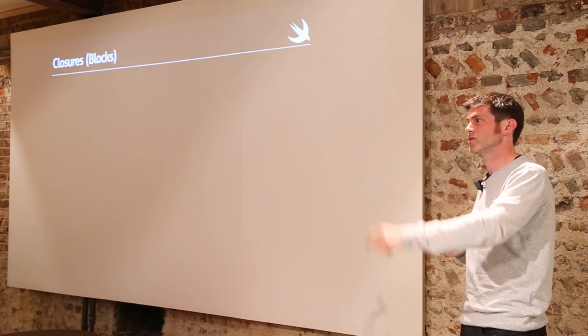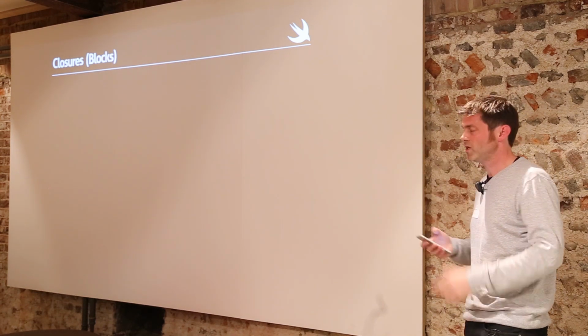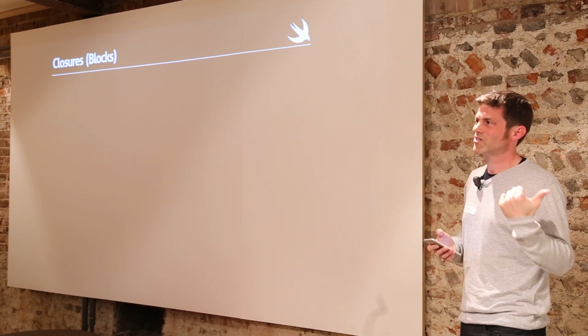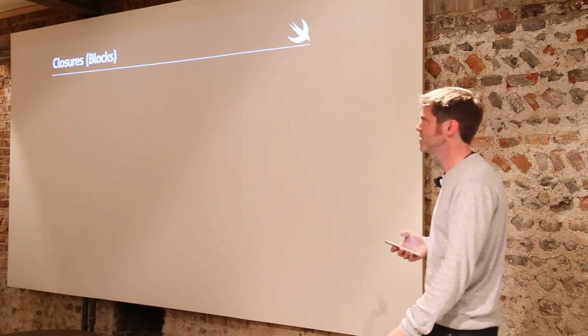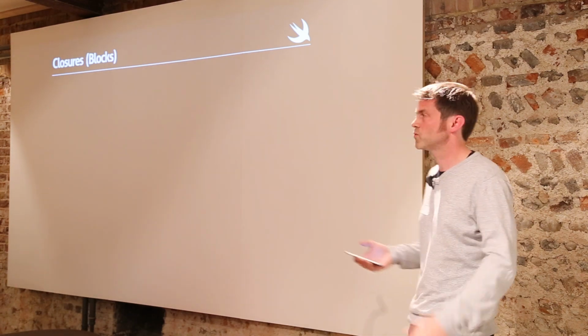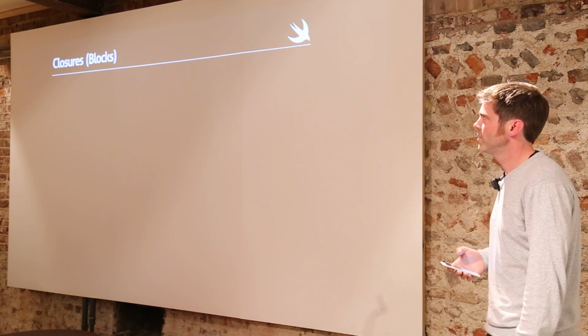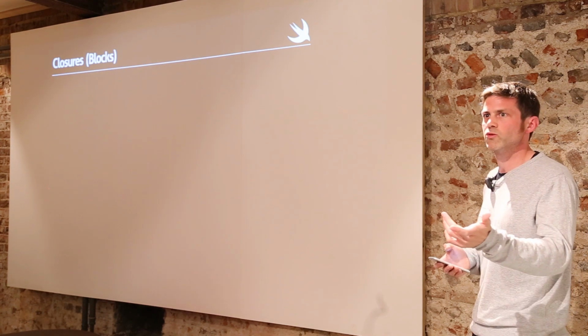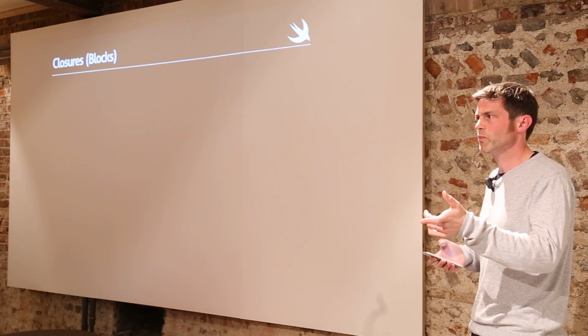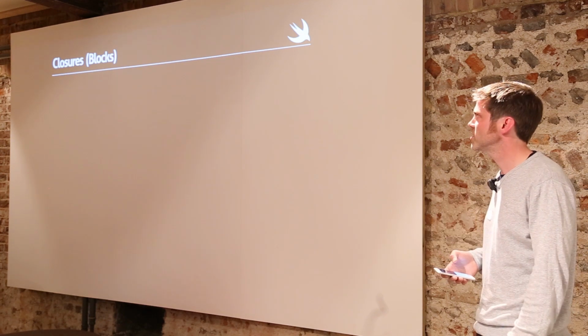There might be a reference to the sender and, I don't know, an NS number wrapping an integer, which you don't have in Swift anymore. You can literally pass an integer as a property, whereas you used to have to wrap it up in an NS number in Objective-C.